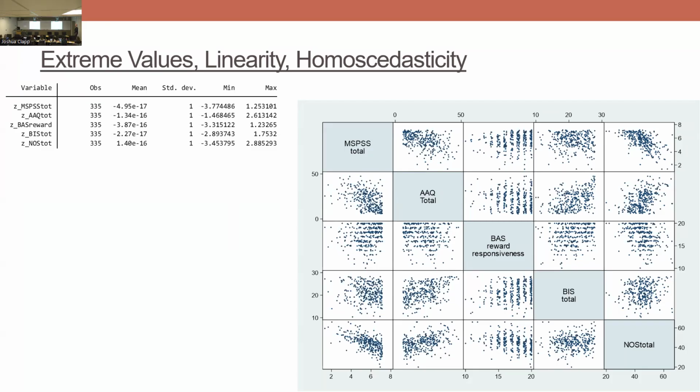Is anybody seeing anything that looks problematic in terms of a clear nonlinear relation in any of these scatter plots? Any clear curves or anything like that? I'm not seeing anything.